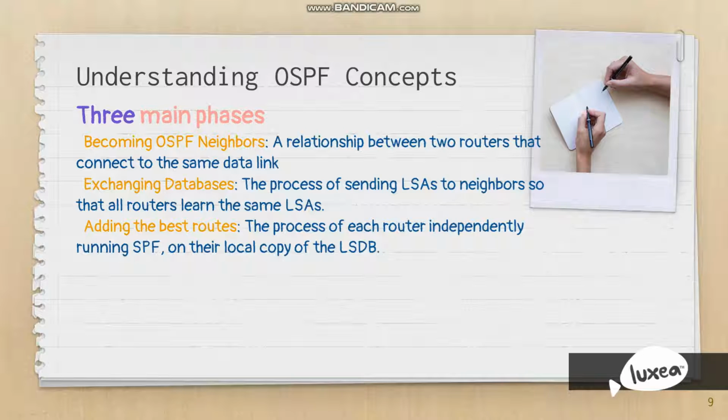First, when routers decide to exchange databases, they tell each other about the LSAs in their databases, and each router will check the LSAs it already has, and ask the other router for only the LSAs which are not known yet.